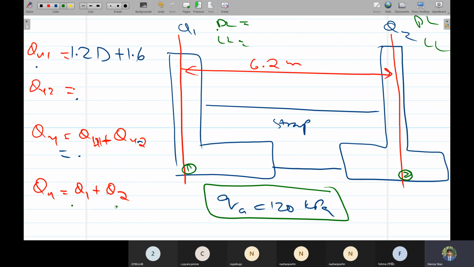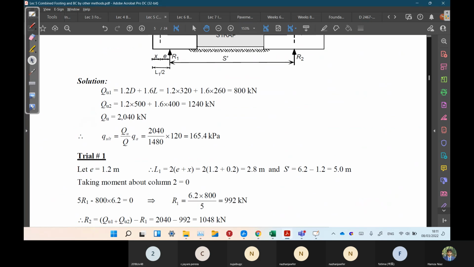After finding the service loads and ultimate loads, the ultimate bearing capacity would be the ratio of Q ultimate, that is factored, over Q unfactored, times Q allowable. So simply multiply the summation of all factored loads by Q allowable.